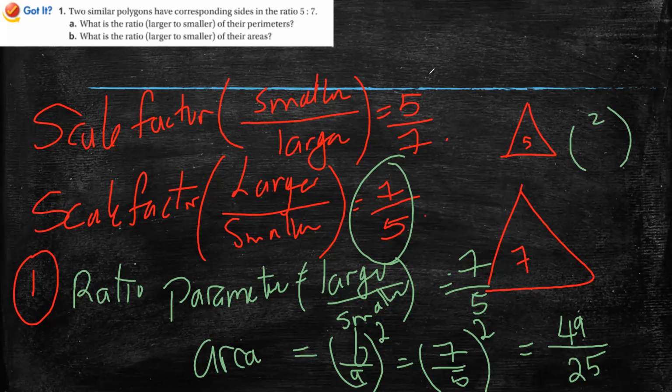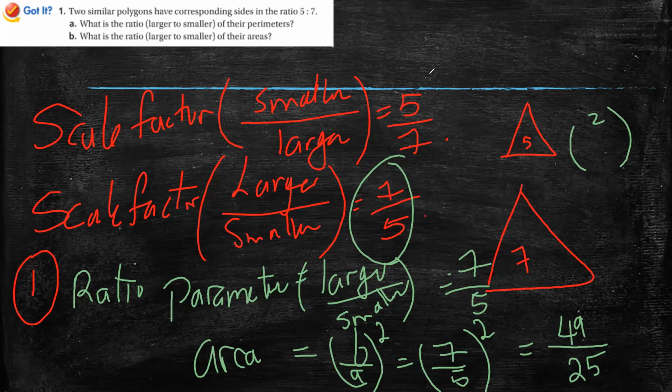So from this problem we learn that if we have a scale factor and I ask you about the ratio of perimeters, you have to tell me A over B, number to number, as we know the meaning of ratio.